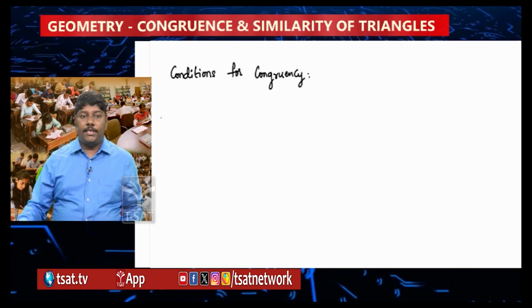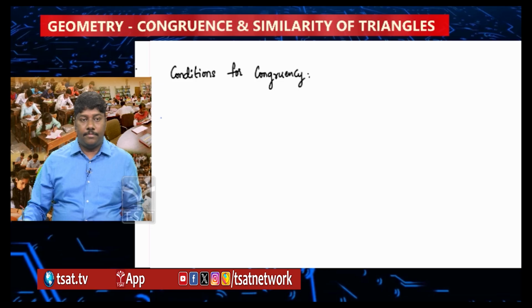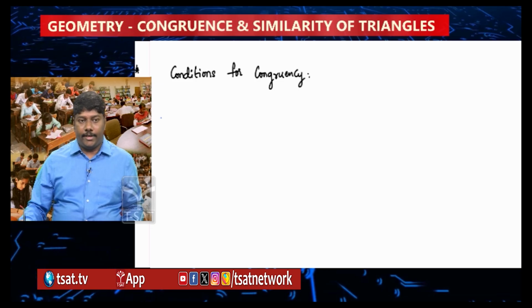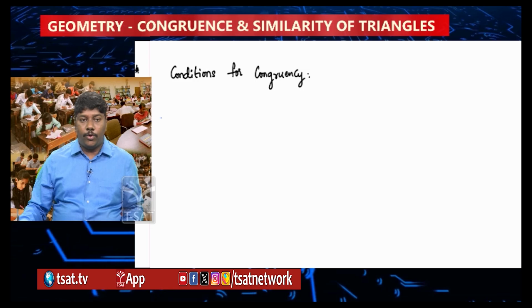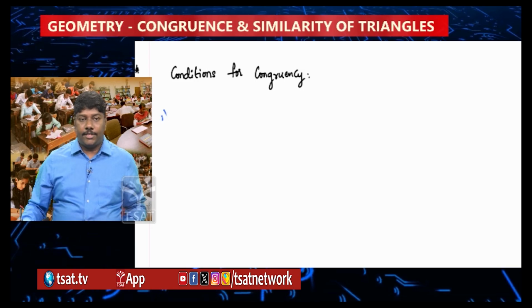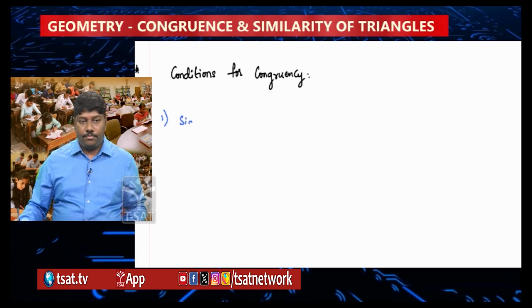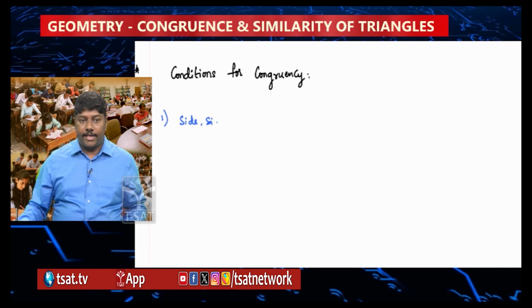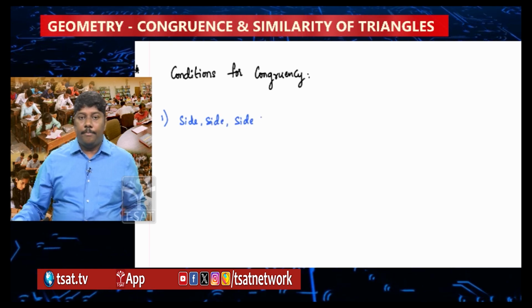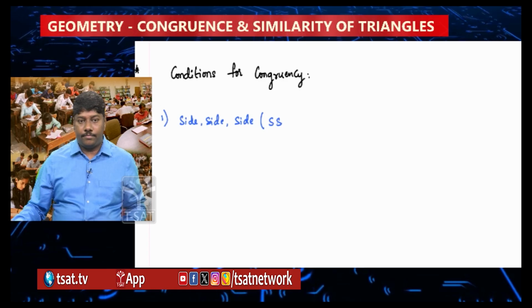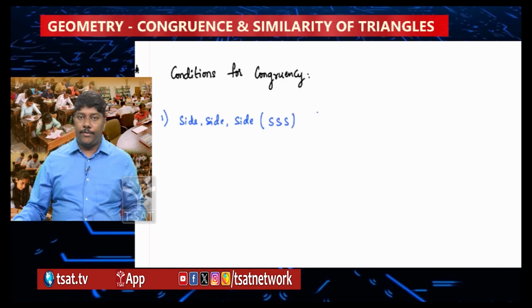Now, how do you recognize that two triangles are congruent? So, we say conditions for congruency. First, side, side, side: all three sides of one triangle must be equal to all three sides of a second triangle.